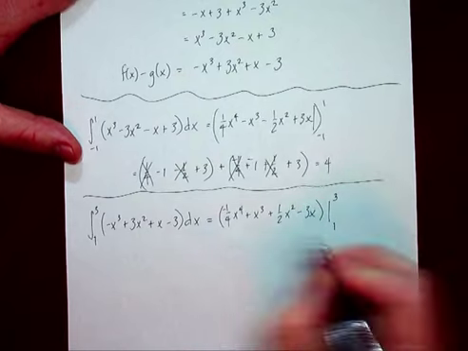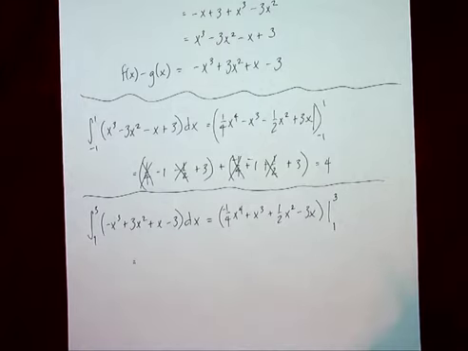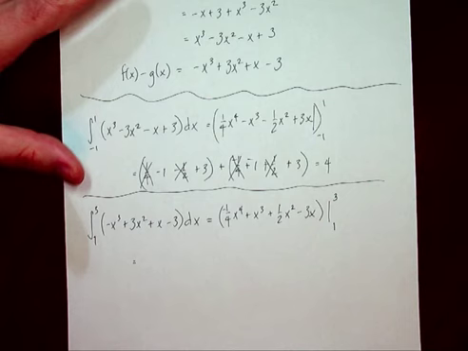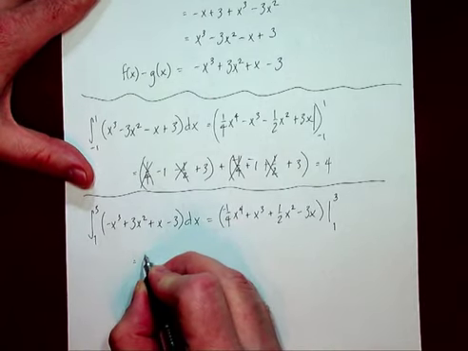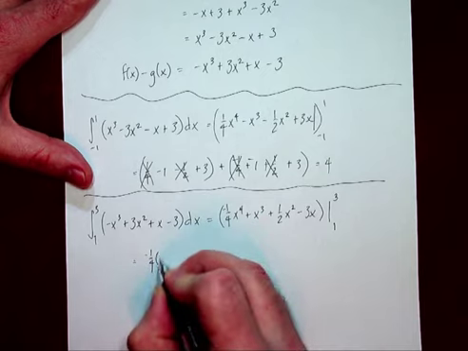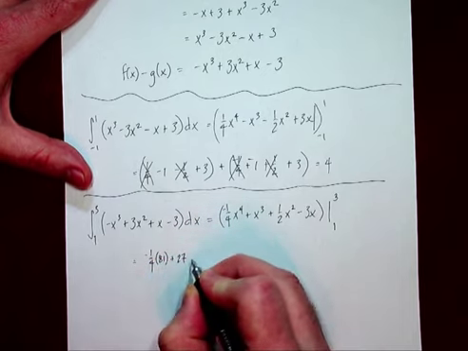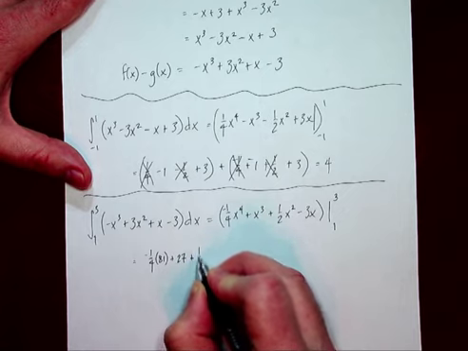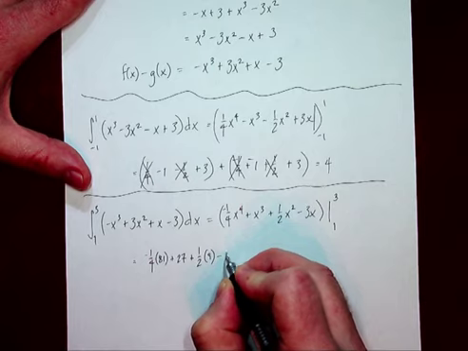Now this is going to be a little more difficult in terms of the computation simply because you're plugging in 3 rather than 1. But 3 to the 4th is obviously 81. So we have negative 1/4 times 81 plus 27 plus 1/2 times 9 minus 3 times 3.